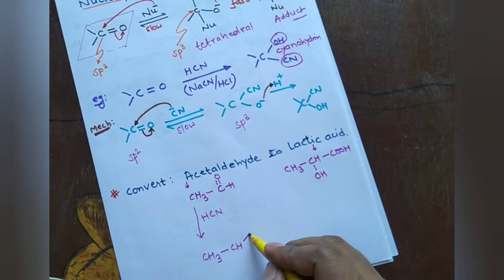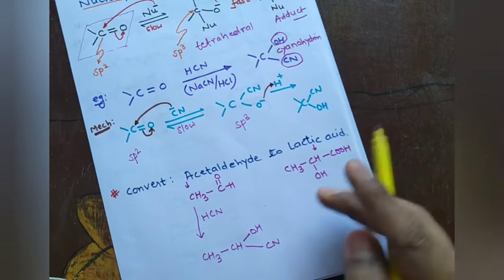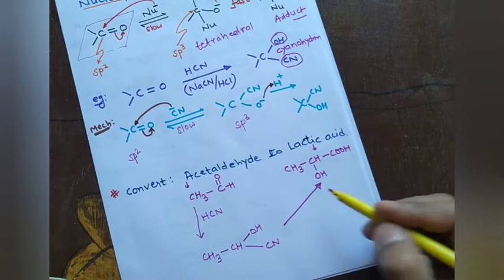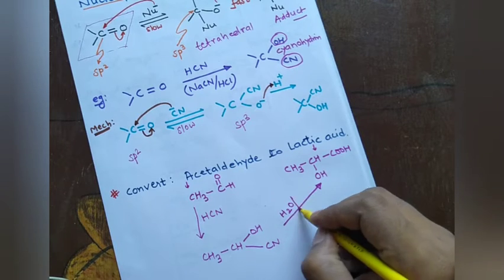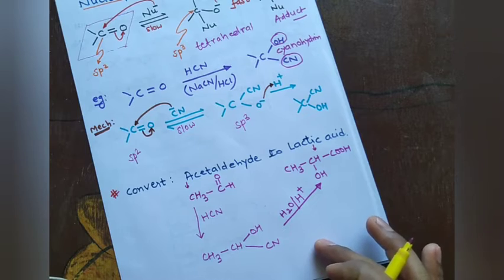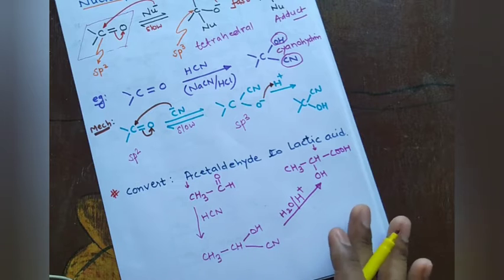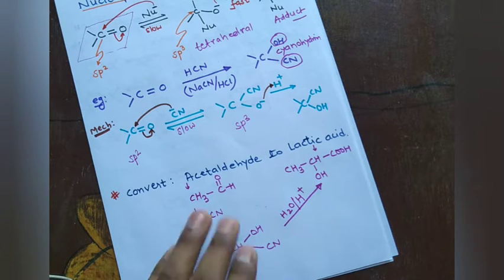This O becomes OH and CN is attached. Now if we can convert CN into COOH, the conversion will be done. CN can be converted to COOH by acidic hydrolysis. So simple is that. This conversion was asked in the board exam, I think in the 2017-18 question paper.